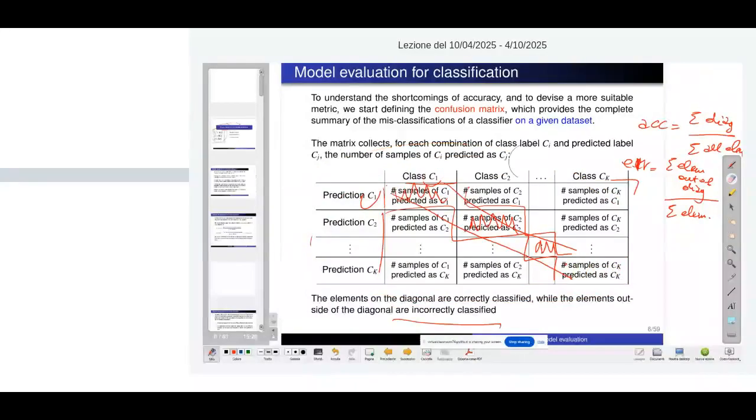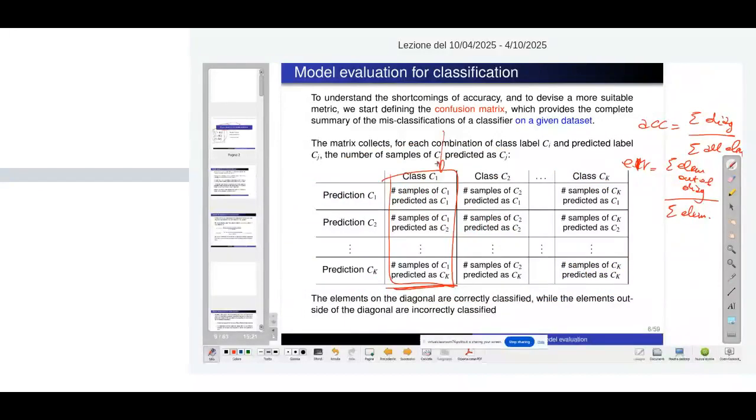We also observe that another piece of information that we can take from the matrix is the number of samples of each class. If I sum the columns of each class, that corresponds to the number of samples of that class.